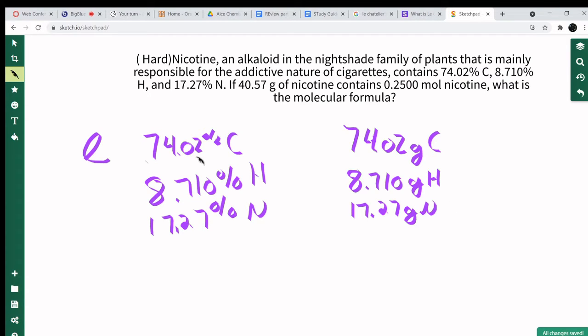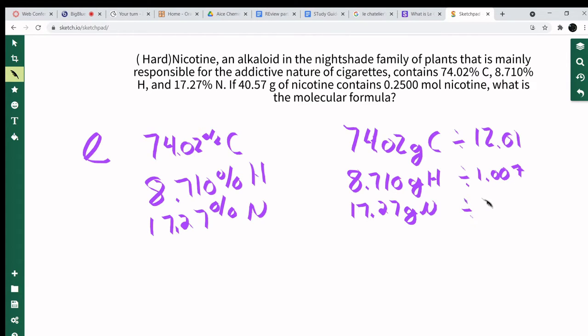Okay? We will go ahead and divide these by the molar mass to figure out how many moles of carbon that we have. In this case, carbon is going to end up being 12.01. Hydrogen is going to be 1.007.